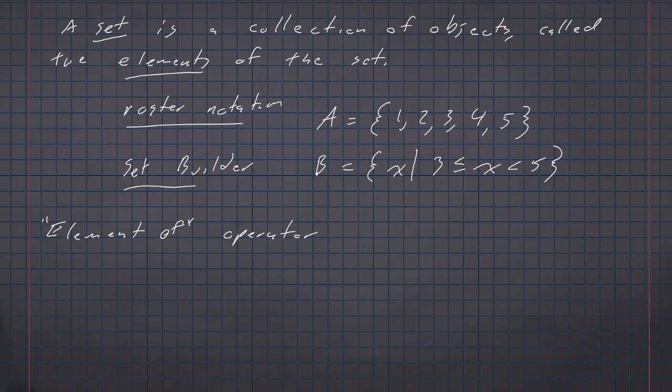So for example, if we look at our sets here, we can see that the number 4 is an element of set A, and 4 is also an element of set B. We can see that 5 is an element of set A, but 5 is not an element of set B. So the element of operator lets us talk about things that are in sets and things that are not in sets. It kind of looks like a stylized letter E.